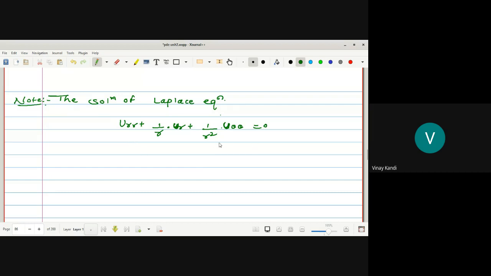And the solution of this Laplace equation, a second order differential equation, is given directly as a statement; proof is not required for this one.